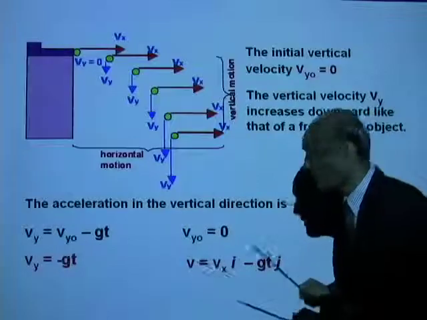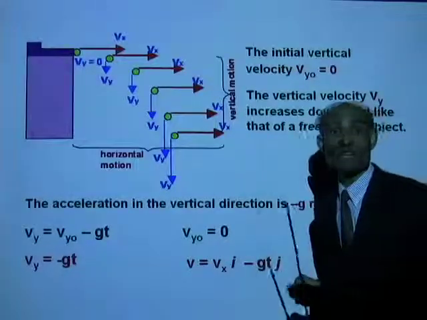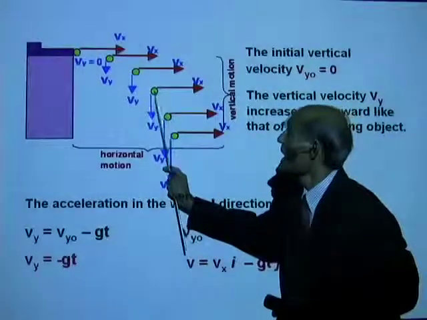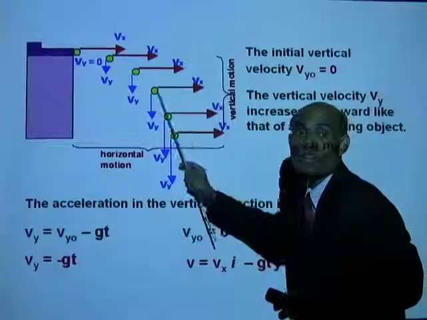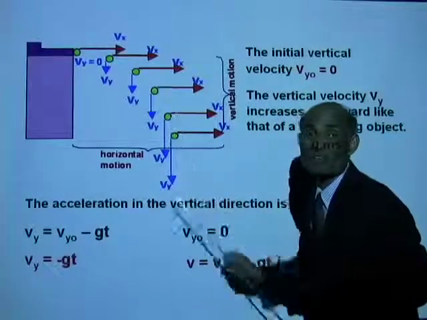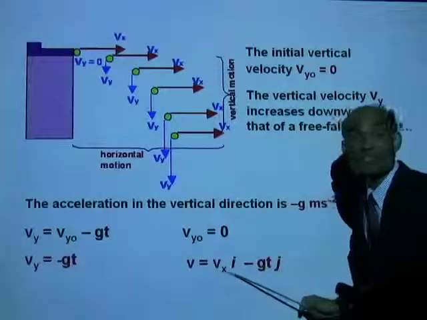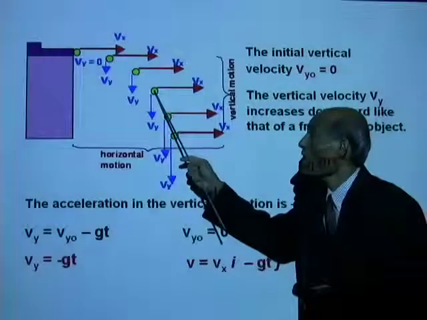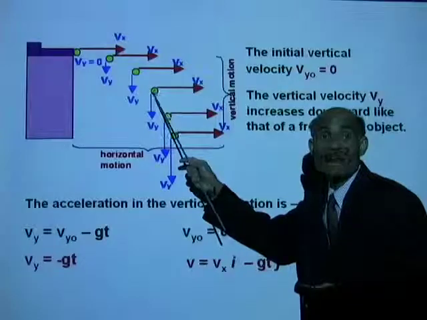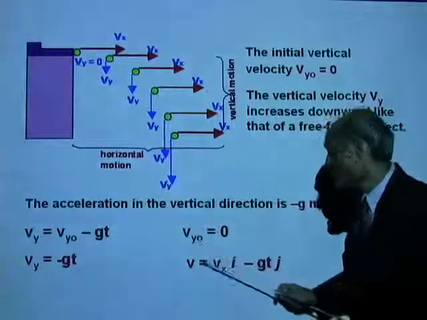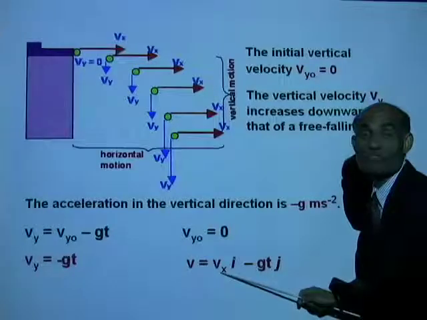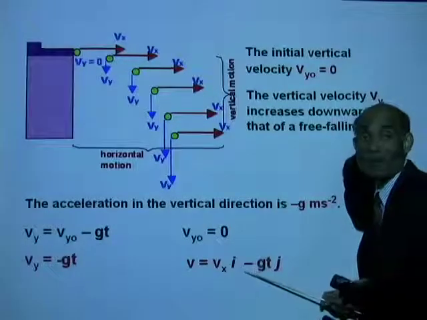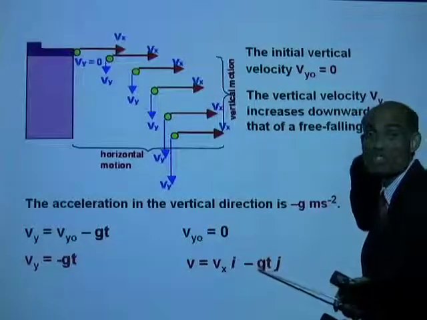And therefore, the velocity vector, now look at this, at any given position, has an x velocity and a y velocity. So look at the vector equation for the velocity of this projectile at any given instant. It has an x velocity vx, which remains a constant, and a y velocity minus gt.